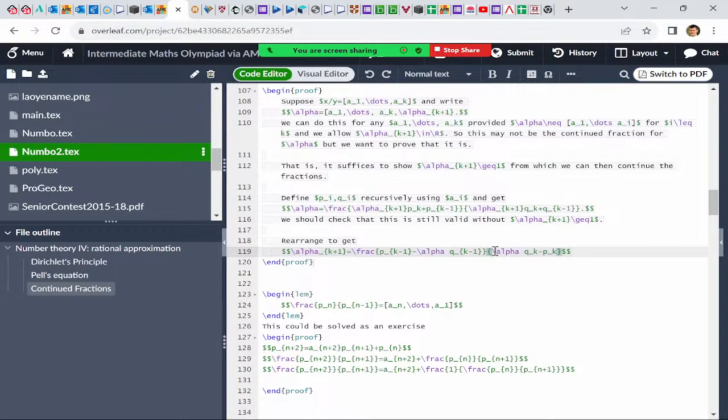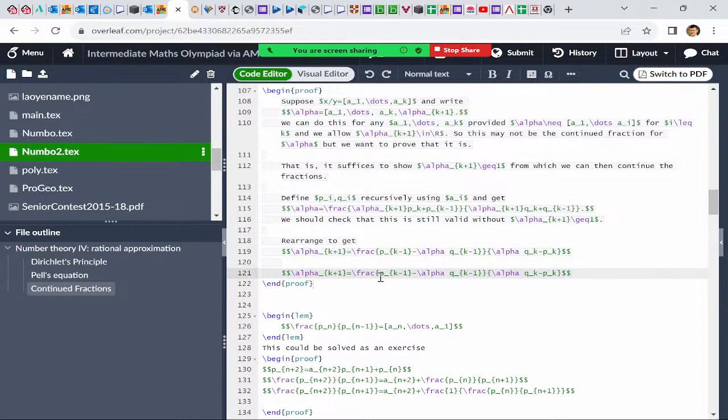I guess this makes more sense to write negative. And then negative, to times it by q_k.